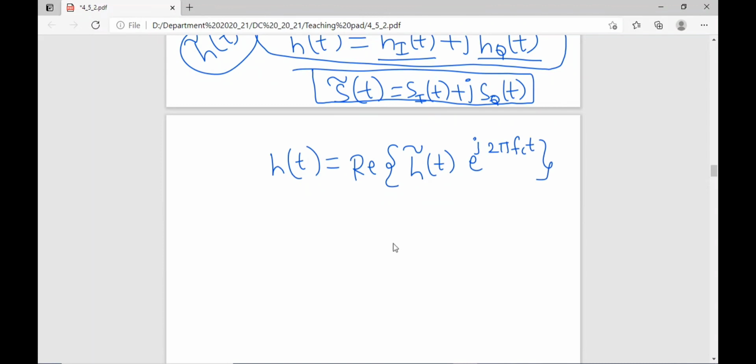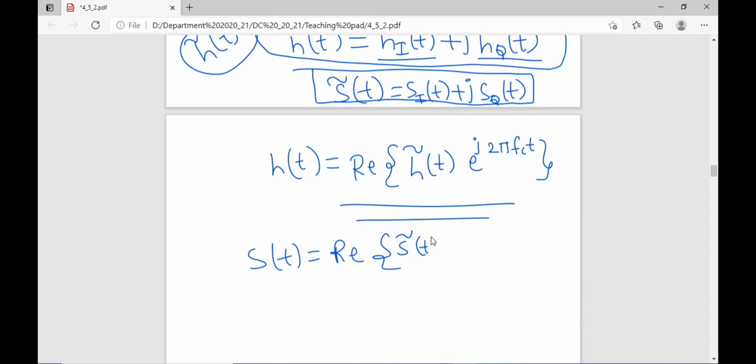How I'm writing this, you already know. We have written in the same way for S of t also. S of t I have represented as the real part of S tilde of t into e power j 2 pi fct. In the same way, since here also I need to find the complex envelope, it is not enough if I can only find the complex envelope.